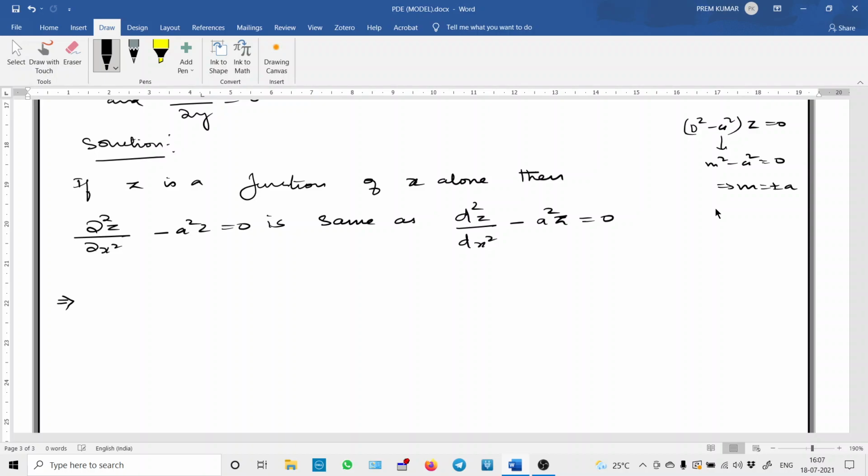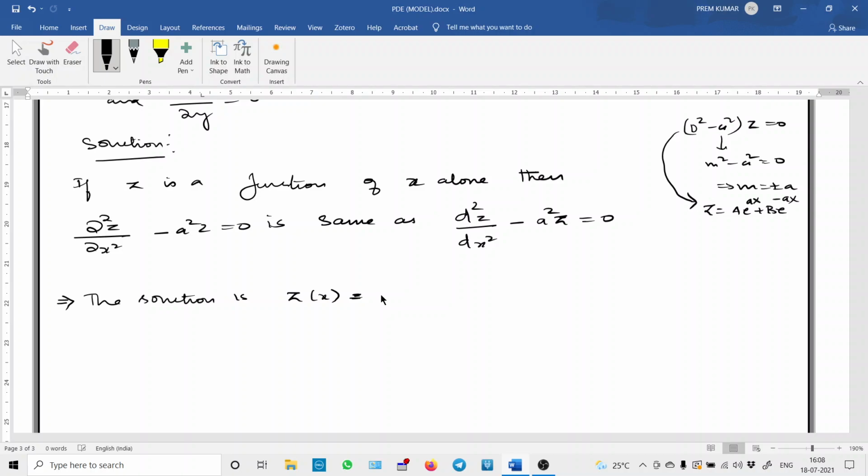This is the solution of this ODE. So for this ordinary differential equation, the solution is z(x), because we consider the case when z is a function of x alone, z(x) = A e^(ax) + B e^(−ax).